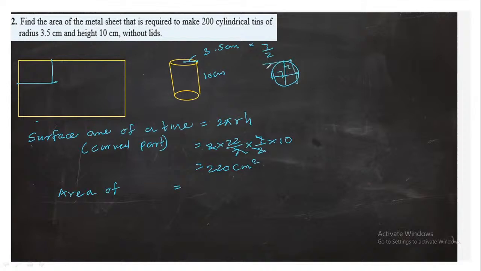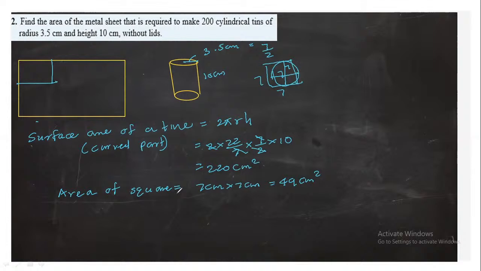If you draw a square shape part, 7, 7. So this part also, right? We want to find the area of the square: 7 centimeter into 7 centimeter, 49 square centimeter. Then we want to cut this type of parts also, when we take this circular part like this. So that is 49 square centimeter.